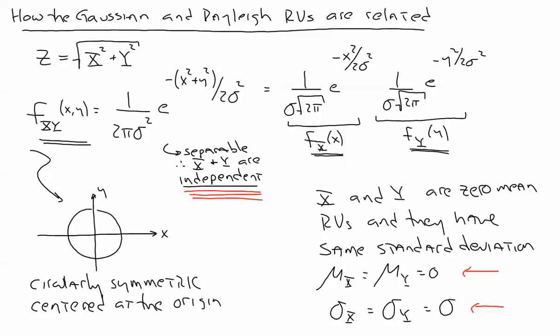All right. Let's find the cumulative distribution function for z. The cumulative distribution function for z is the probability that z, which equals the square root of x squared plus y squared, is less than or equal to some little value z.